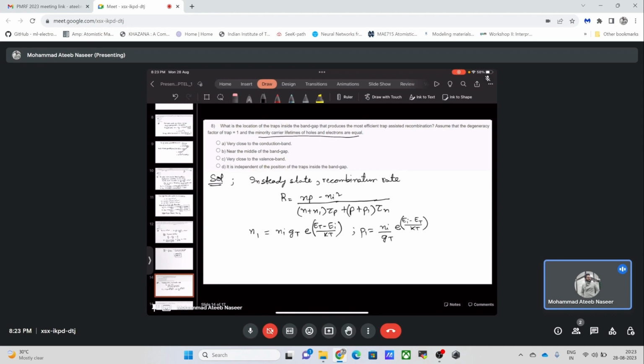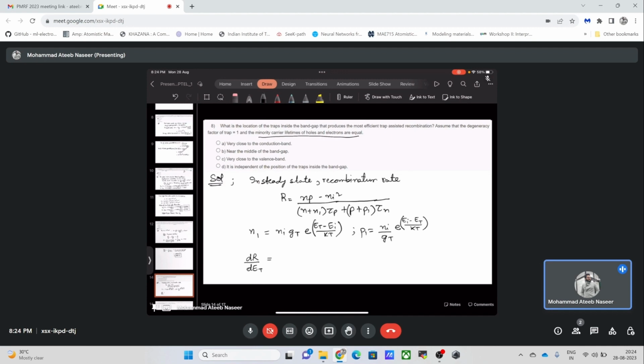Now we have to maximize the efficiency of this trap assisted recombination. In order to do that, we need to find the location of the trap level. So what we will do is differentiate this recombination rate with respect to the trap level to get its position for the maximum condition.